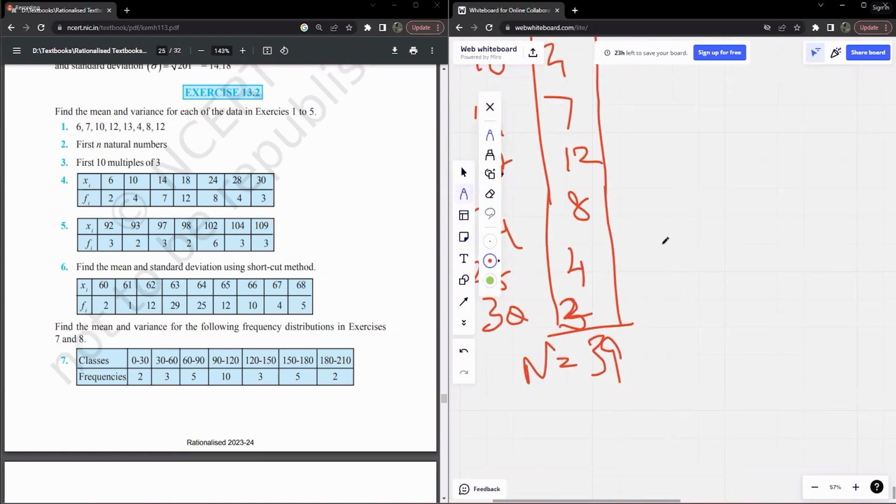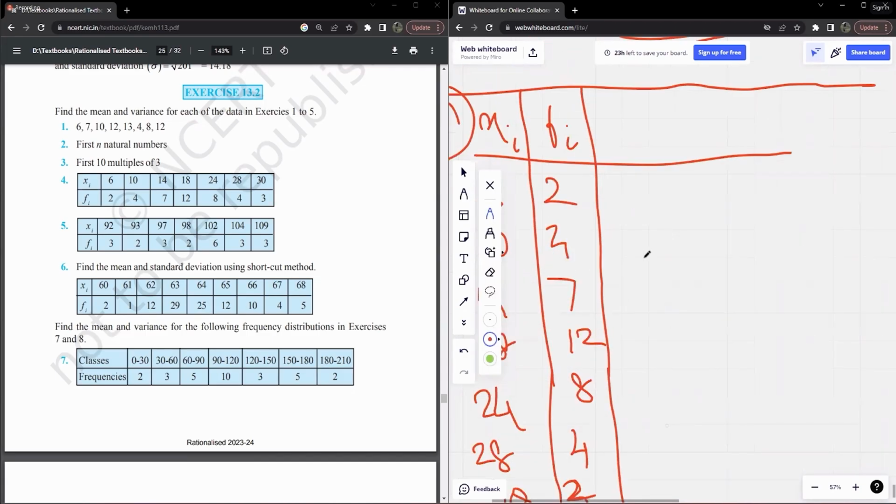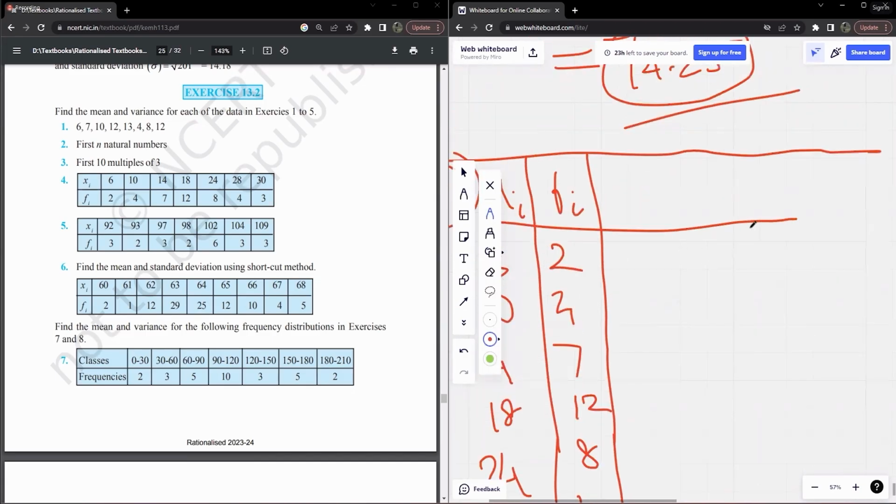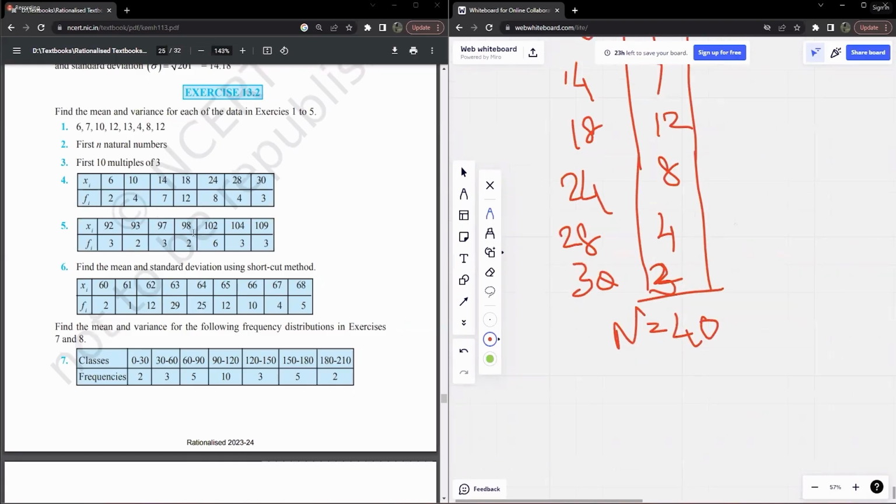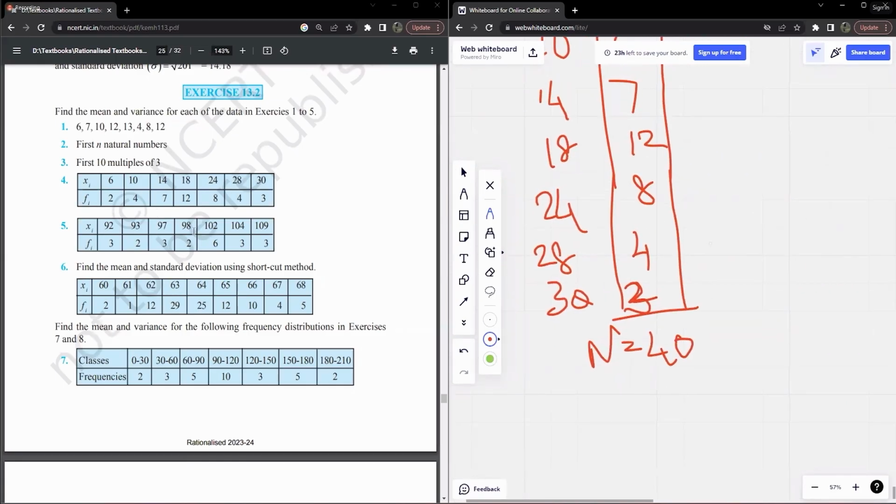This point. So that's sigma XiFi. Yeah. Again, right? So yeah.